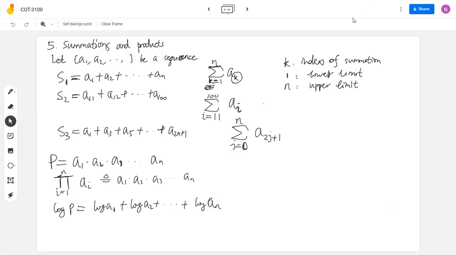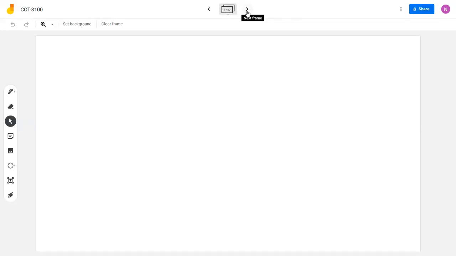Okay, let's move on to the next page. Let me give an example of the summation. The first example, I don't know if you heard about this before, I will call it Little Gauss. It's a very famous story of the great mathematician Carl Gauss.